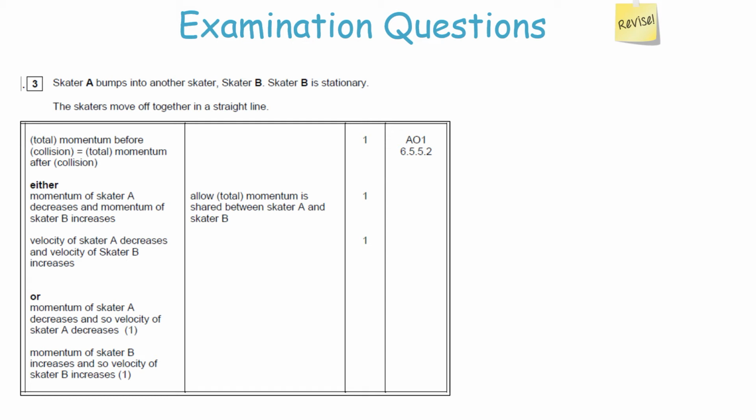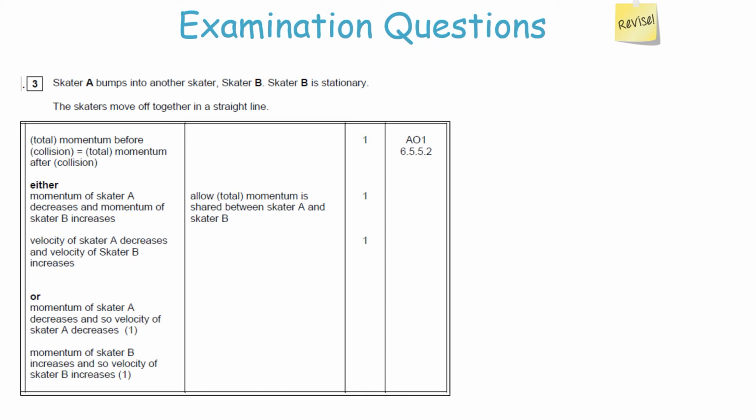Now when they hit together, we know that the total momentum before has to equal the total momentum after. So therefore, the momentum of skater A before the collision is bigger than the momentum afterwards because it's got to give some of its momentum to skater B so that can now move.